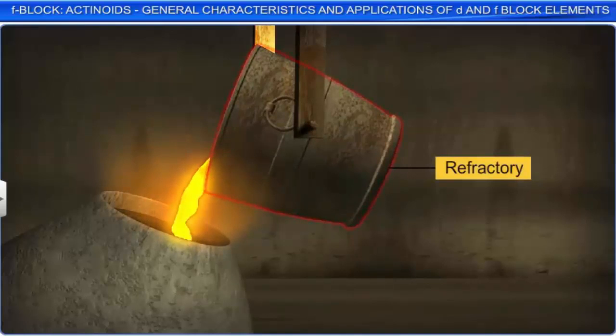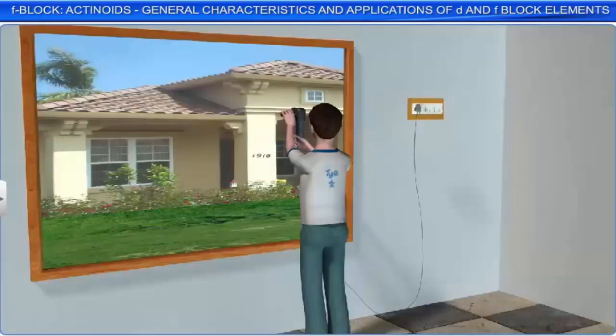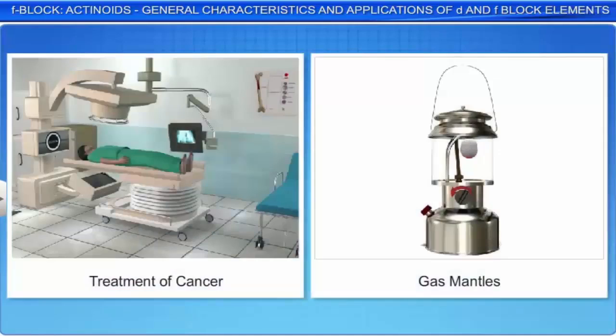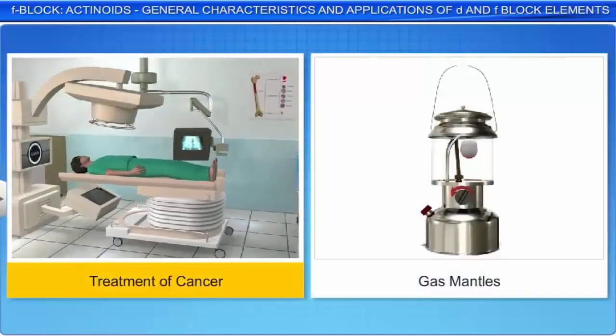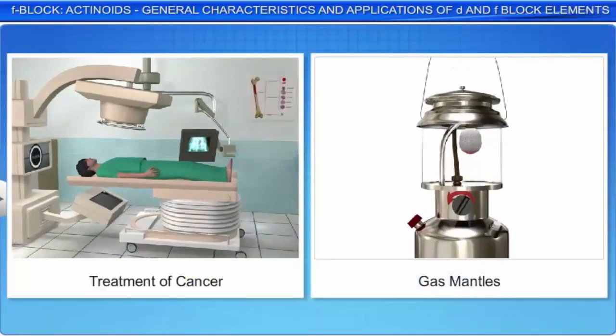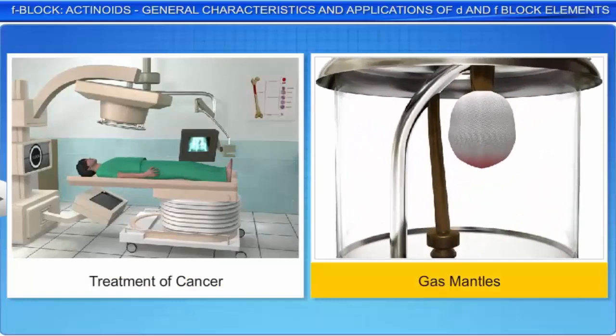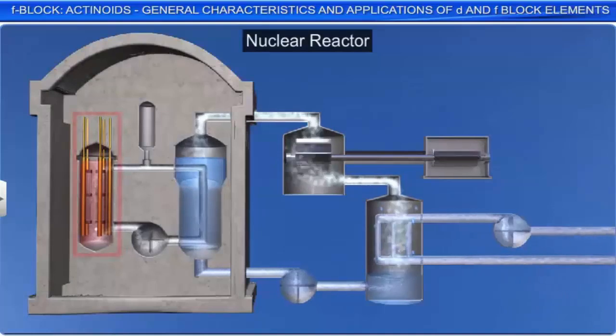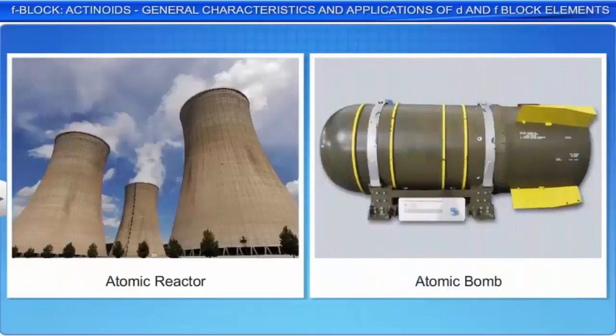Lanthanide oxides are used as abrasives for polishing glass. Thorium is used in the treatment of cancer and in incandescent gas mantles. Uranium is used as a nuclear fuel. Plutonium is used in atomic reactors and in atomic bombs.